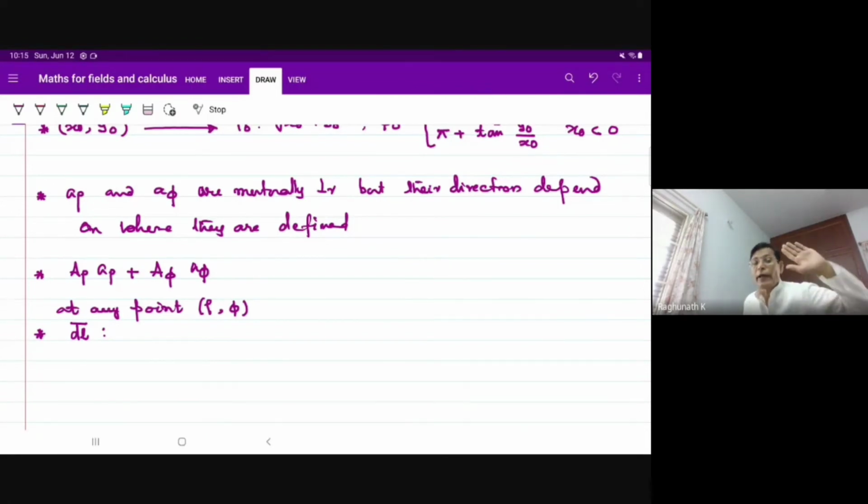Like in the XY plane, we saw dL bar is dx, incrementing x by dx without changing y. Dx is produced. After that, y is incremented by dy without changing x.